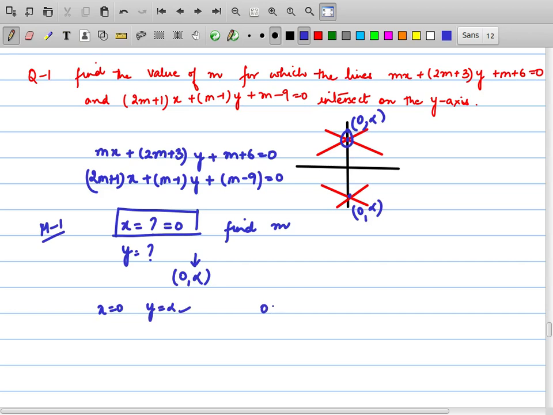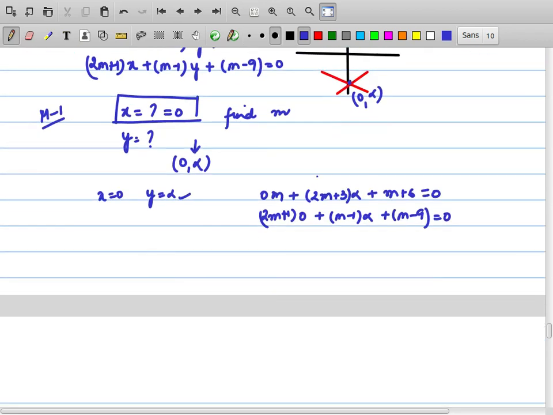Therefore 0 times m plus (2m plus 3) times alpha plus m plus 6 is 0, and similarly (2m plus 1) times 0 plus (m minus 1) times alpha plus m minus 9 equals 0. Now this can be simplified as (2m plus 3) times alpha is equal to minus m minus 6.